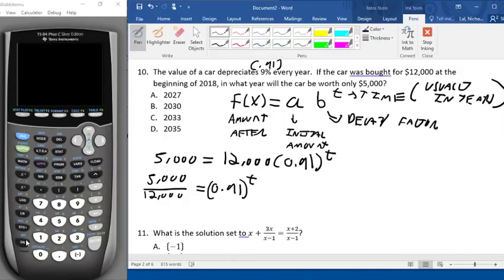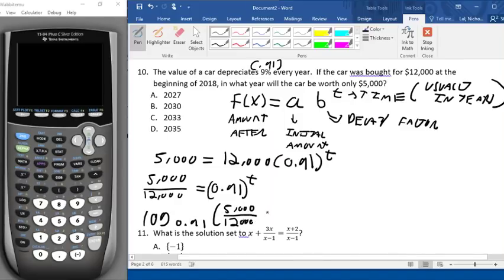And so then, converting between exponentials and logarithms, the log base 0.91 of 5,000 over 12,000 is going to be equal to t.